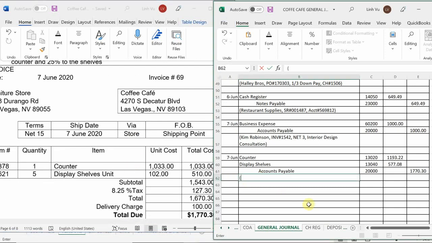So let's start from the very first thing: who is the vendor that I received the items from? Furniture store. Next thing is invoice number 69. And how many days do I have to pay this?